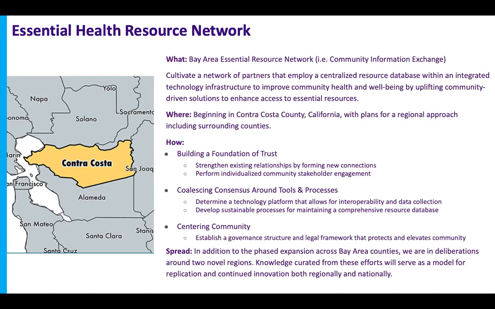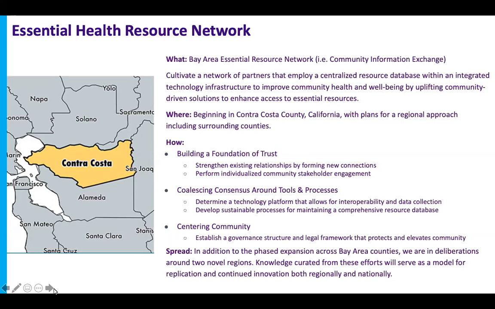Then we really had to talk about the tools and processes needed to make sure that people were able to connect to the resources. And lastly, how do we hear from the community in real time? What are the most important needs? That was the process of centering community.